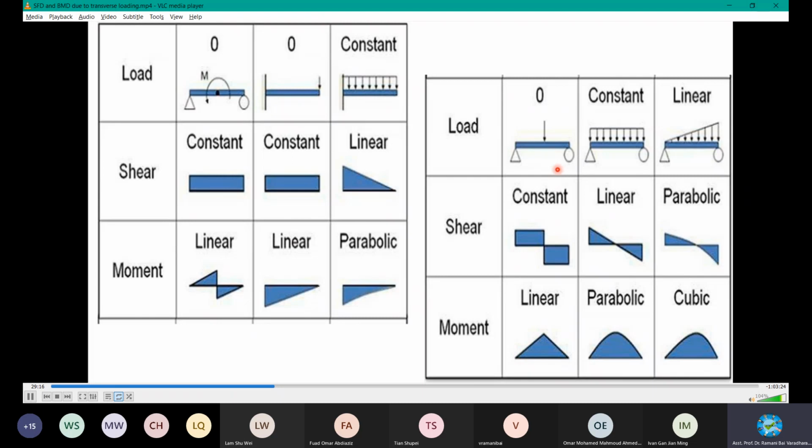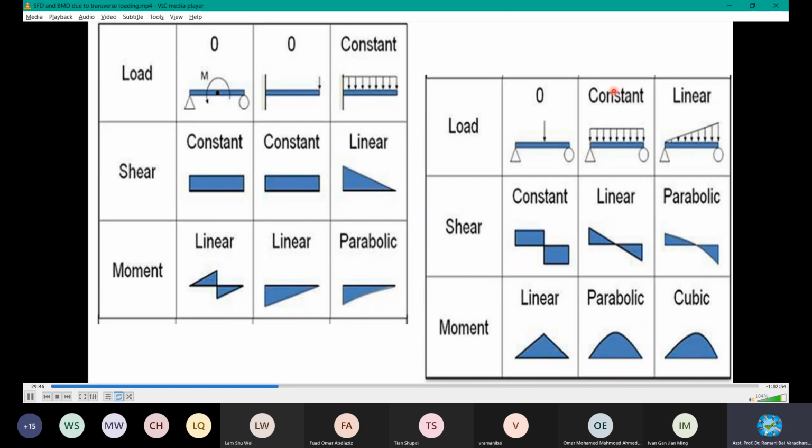So there will be a gradual increase in moment due to distance, reaching a maximum at the middle, then gradually decreasing to zero at the end. There is some distance, some distance, some distance, that's why you have moments here. At this point, no distance, zero.